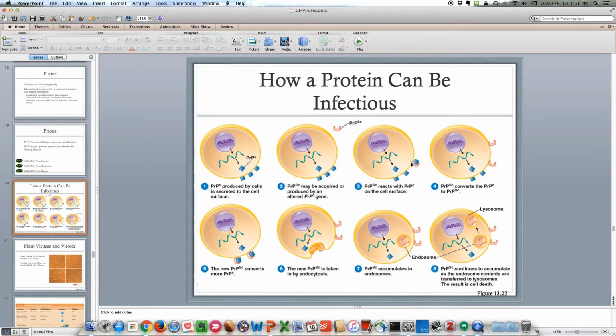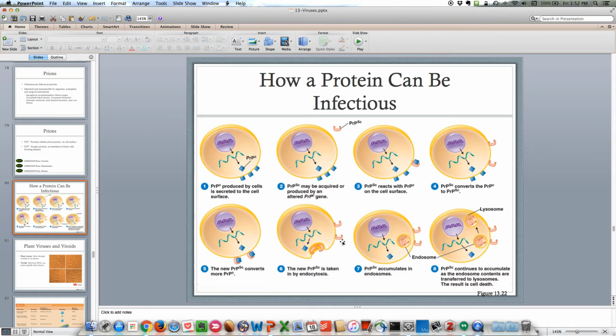And so that's the process that you see here and here, in which this normal shaped protein now is changed into this misshapen one. And so that can result in essentially a cascade of events, a chain reaction, in which more and more of the scrapie form of the prion protein is produced.